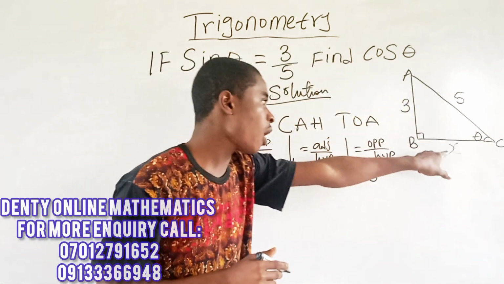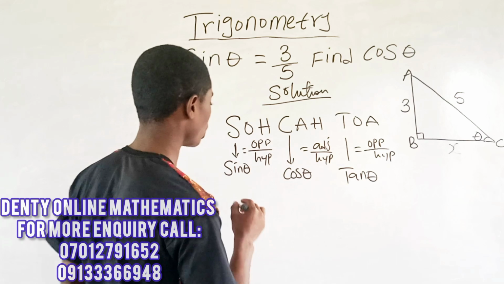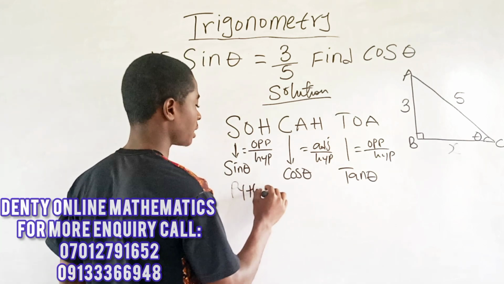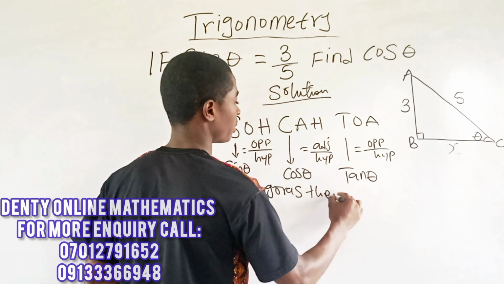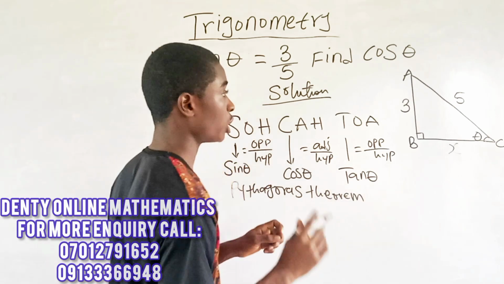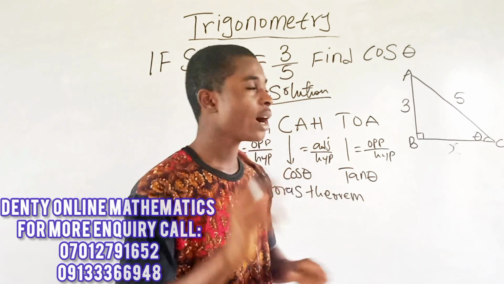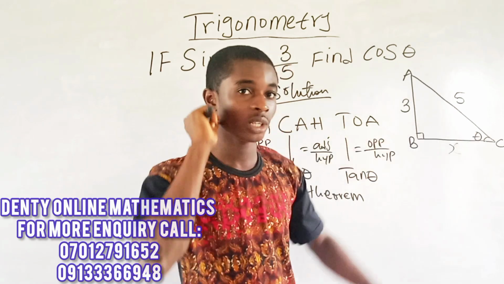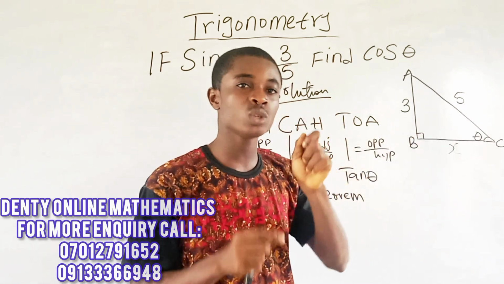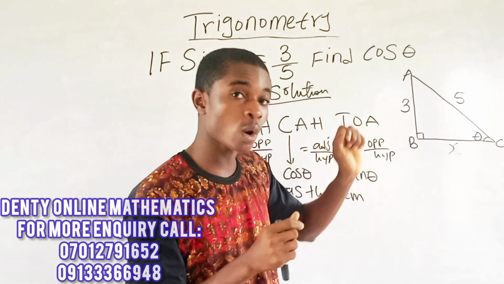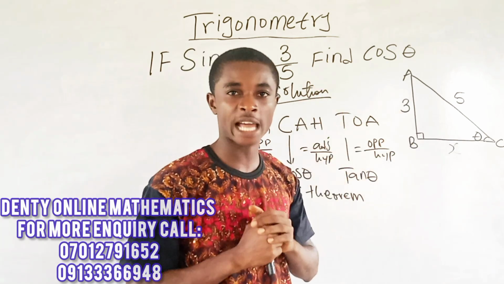But we can solve this side by using what we call the Pythagoras theorem. Pythagoras theorem states that the square of the hypotenuse is equal to the sum of the squares of the two other sides.